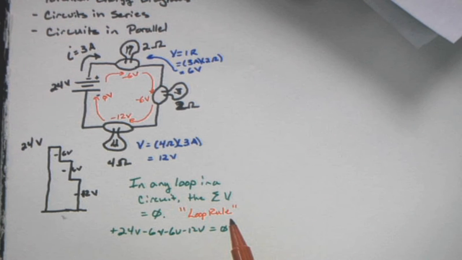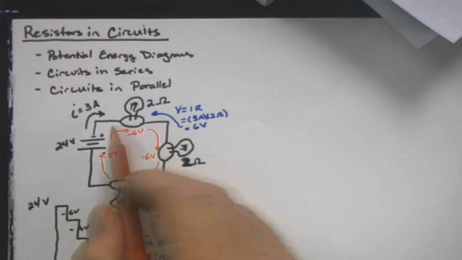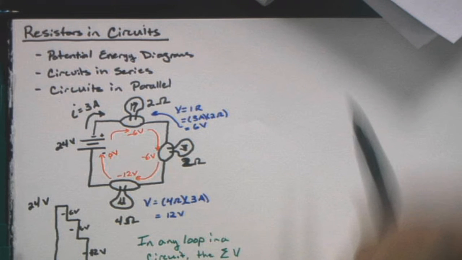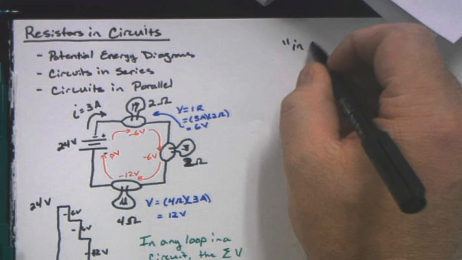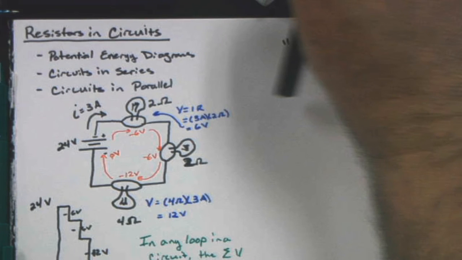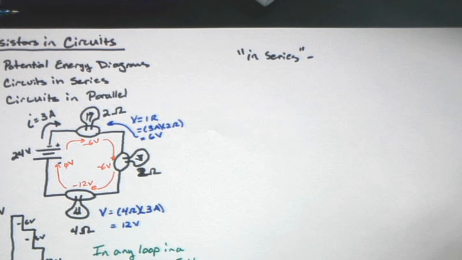Which brings us to circuits in series, and that's what we have right here. If something is in series, it means you don't have a choice but to go through them.